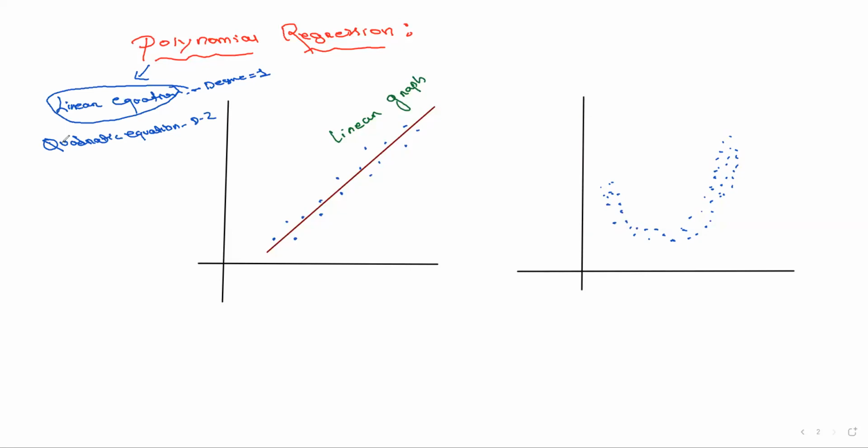Now the cubic equation has degree obviously 3. Similarly, if you continuously increase the degree, it will be converted to polynomial regression. So the linear, the quadratic, and the cubic are all indirectly known as the polynomial part.